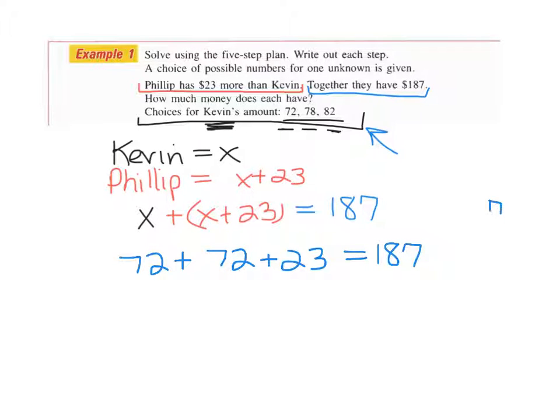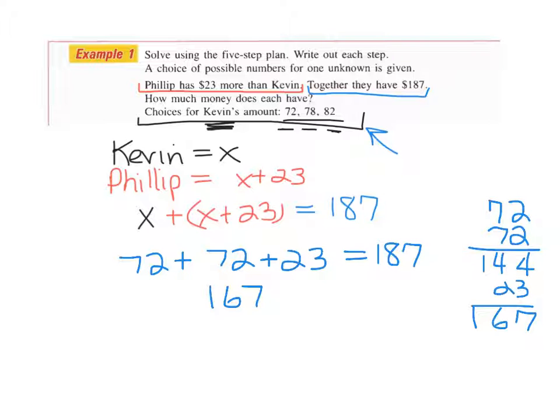Over here I'll do it vertically, 72 and 72, two at a time. 144 plus 23, and I get 167. 167 does not equal 187, so I can see that that choice in my domain is out.